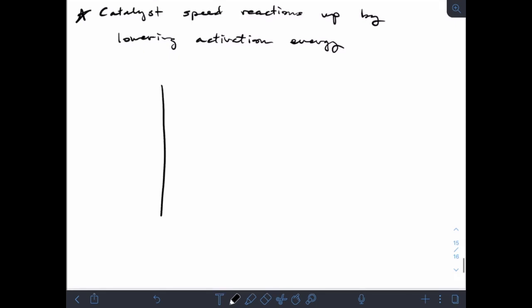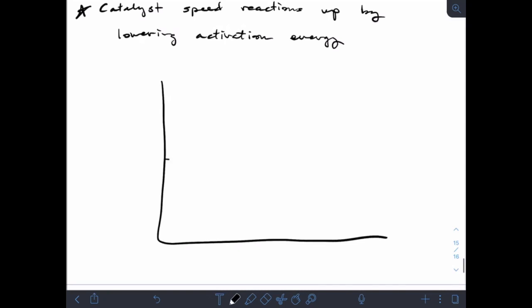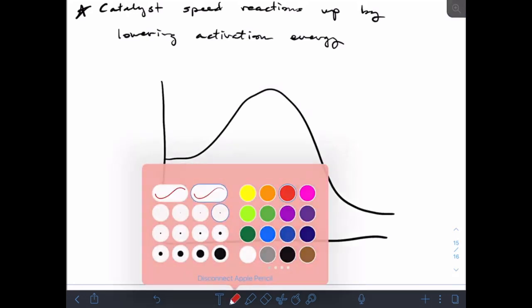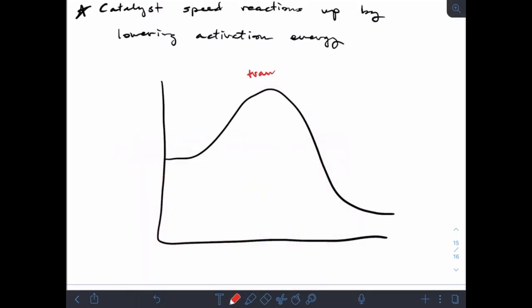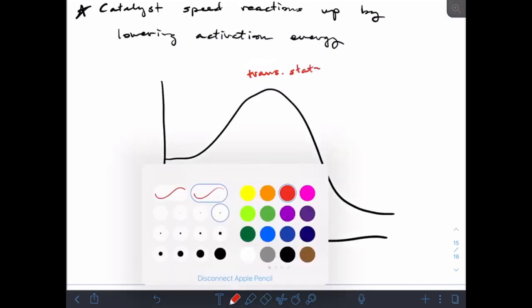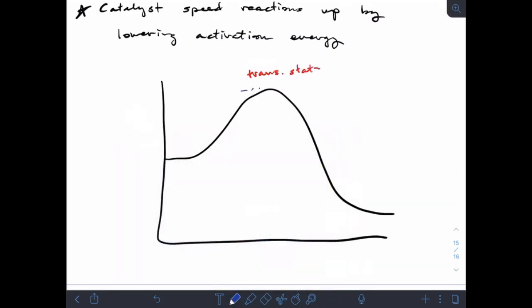So if I have a reaction profile that without a catalyst looks like this. Okay, we have our transition state. We have our activation energy, right?